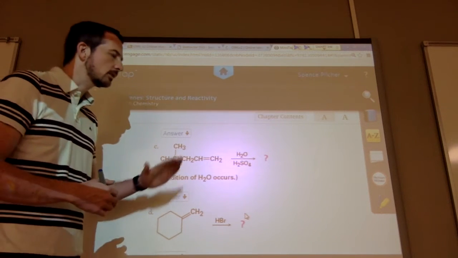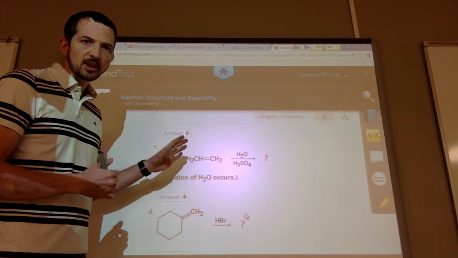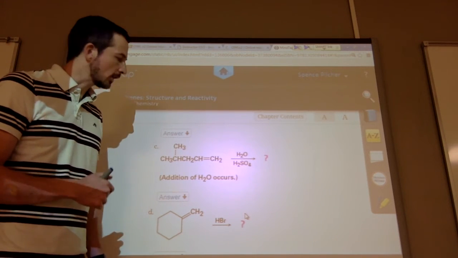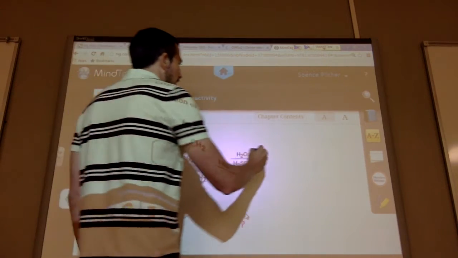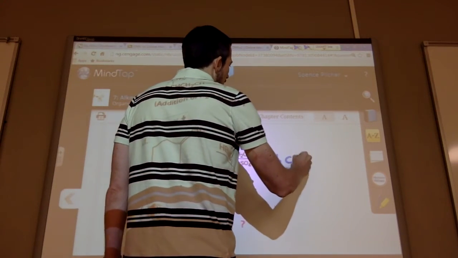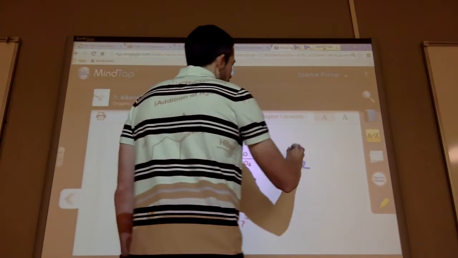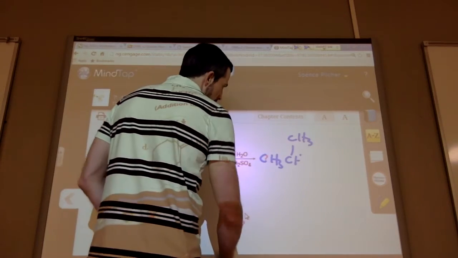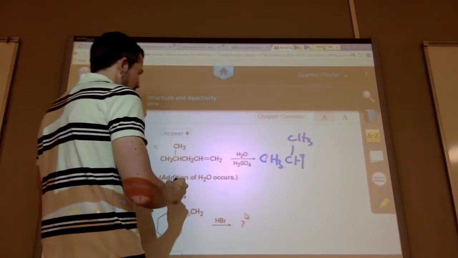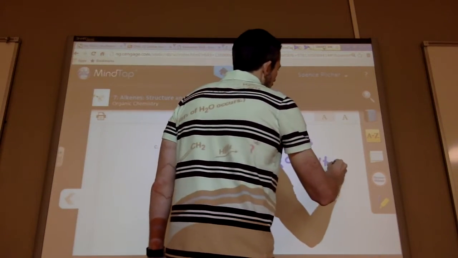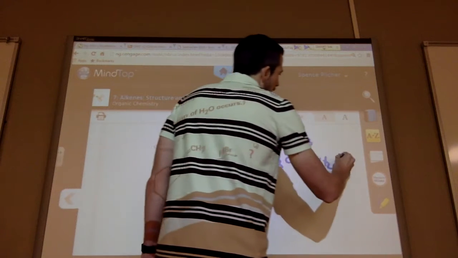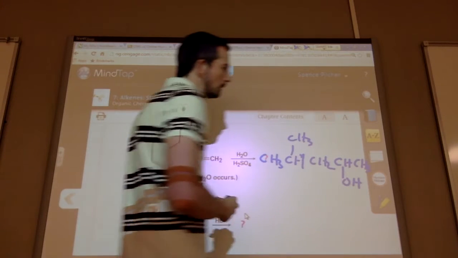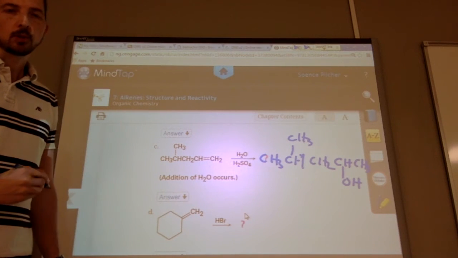And just like with the addition of HBr, HCl, the OH goes to the most substituted position, where it follows Markovnikov's rule. So OH, most substituted position.